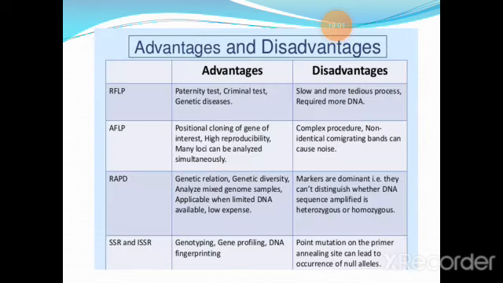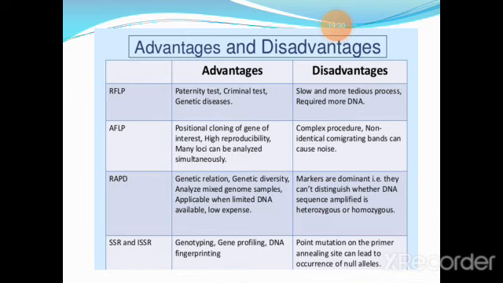Then we have to discuss advantages and disadvantages of these 3 methods, whatever you have learnt. Coming to RFLP, advantages: paternity test, it is used for identification of criminals in forensic medicine and to identify genetic diseases. Disadvantages: it is slow, more tedious, quite costly and requires more DNA samples.